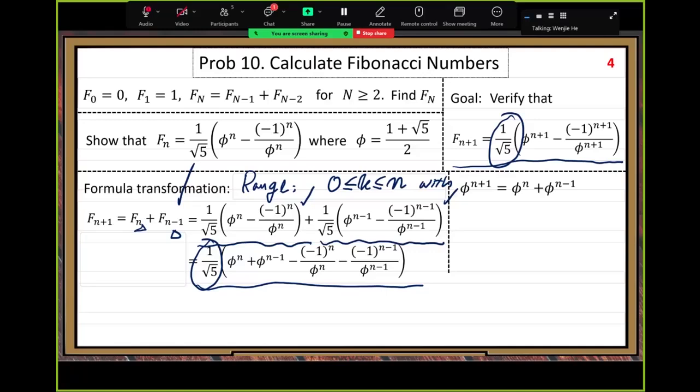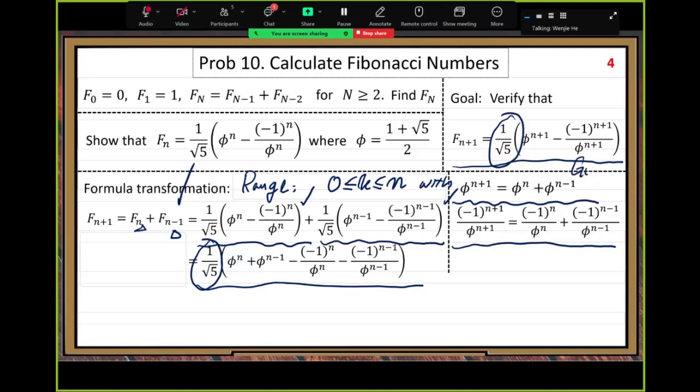The power function part should be the same. The terms with the same structure should be the same. And the fractional part should also be the same. So that's our guess.